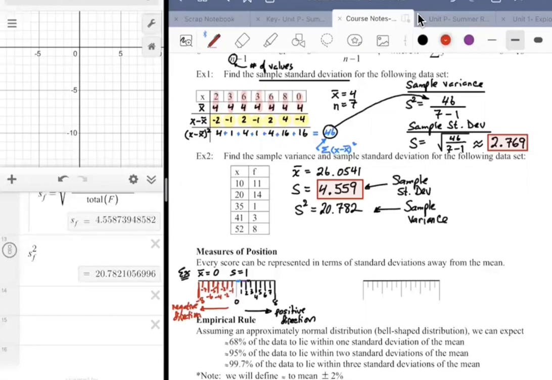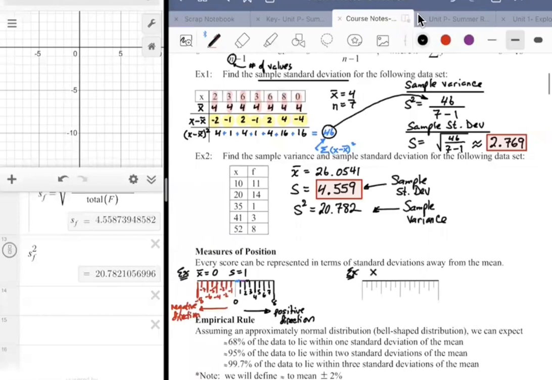All right. So what this is saying is, I'll just look at example 1 again. Instead of having each increment be 1 unit, I have a mean of 4 here with a standard deviation of 2.769.